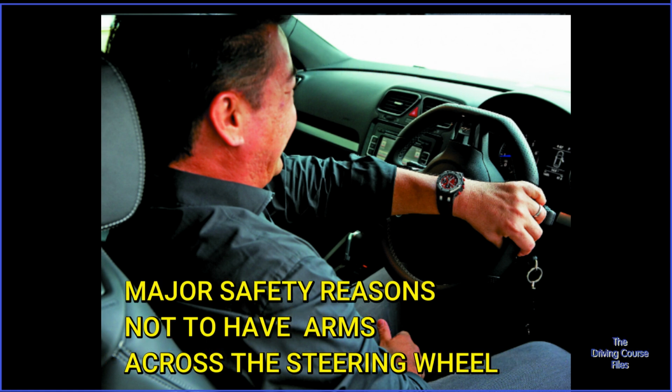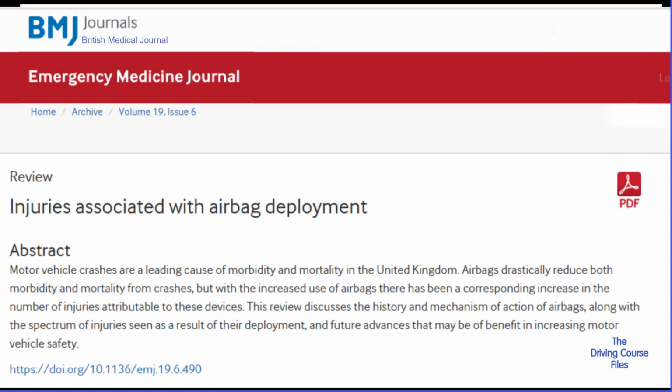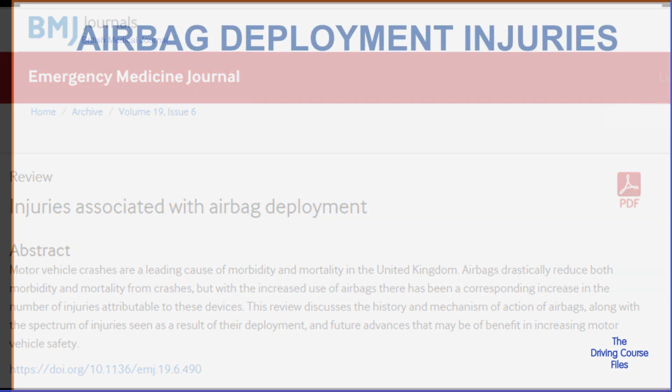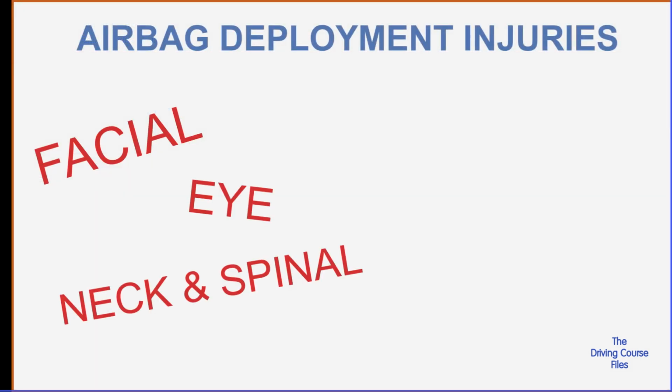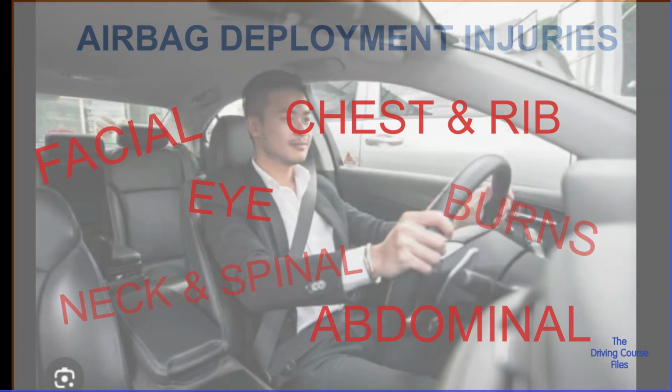Driving position can also have a bearing on this. These are major safety reasons not to have arms going across the steering wheel. The British Medical Journal has produced an emergency medicine journal document exploring injuries associated with airbag deployment. There are some 8 different types of injuries which can be associated with airbag deployment.